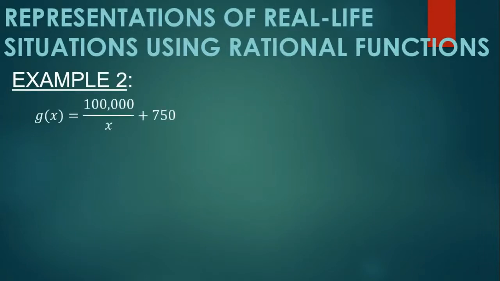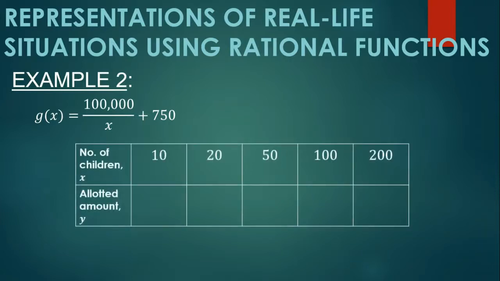Using this equation, g of x is equal to 100,000 all over x plus 750, let's try to create a table of values again. If there are 10 children, ang makukuha ng bawat bata ay 100,000 divided by 10 plus 750 is 10,750 per child.